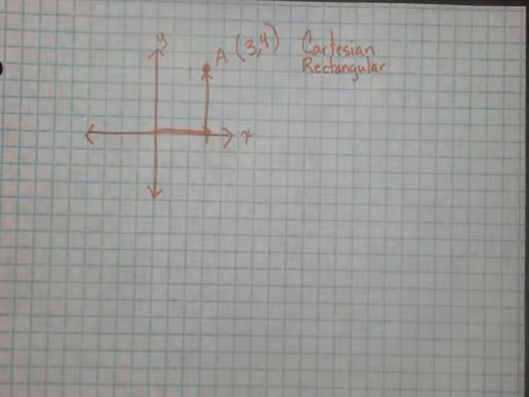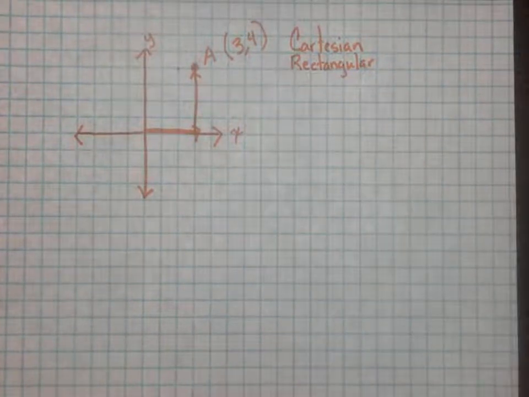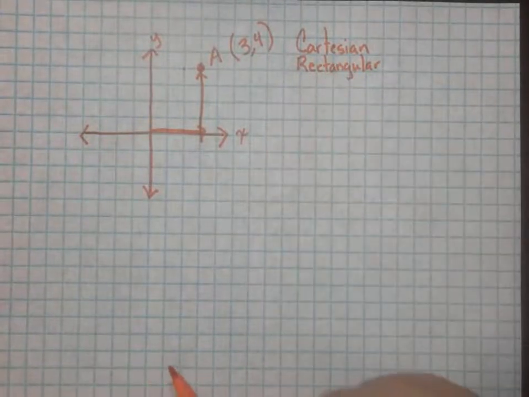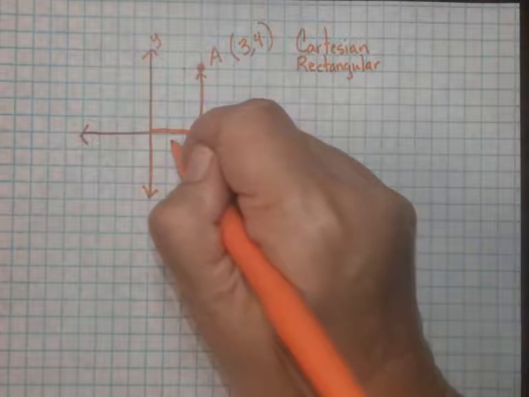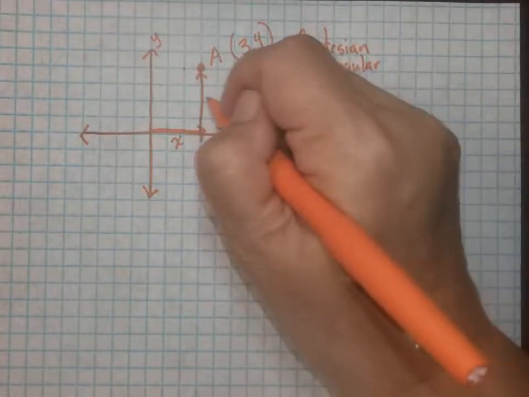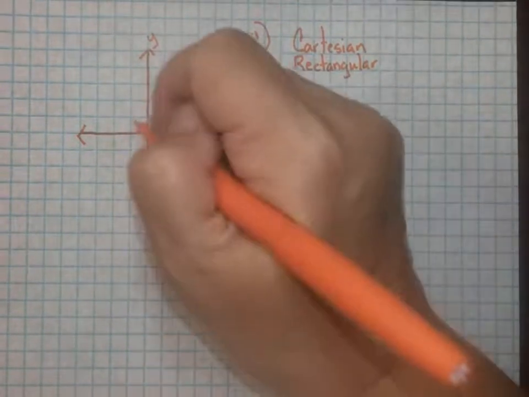But mathematically, there is an entirely other way of telling someone how to get to point A. So in our rectangular or Cartesian coordinate plane, we're giving them an X distance, which is horizontal, followed by a Y distance, which is vertical.